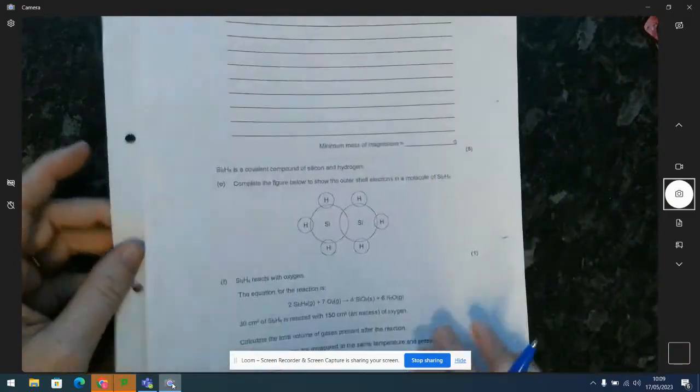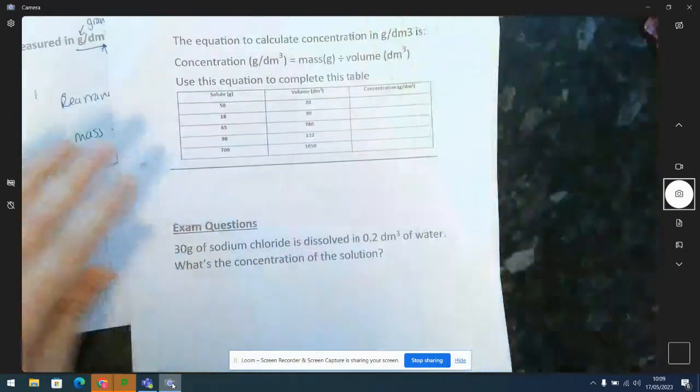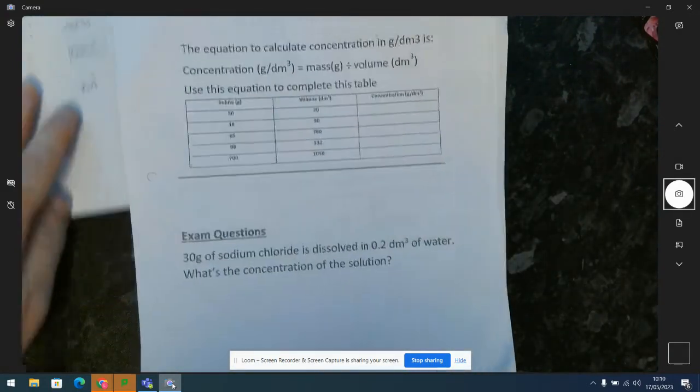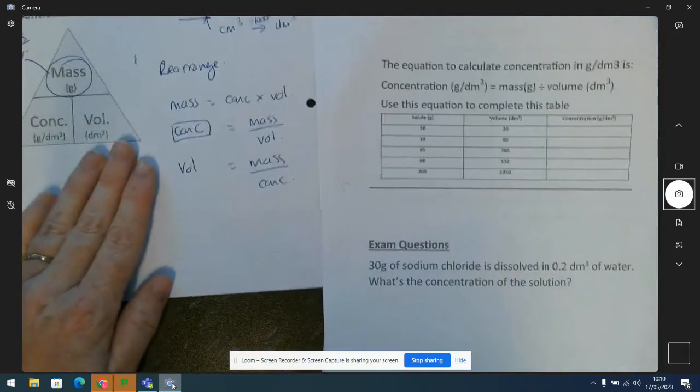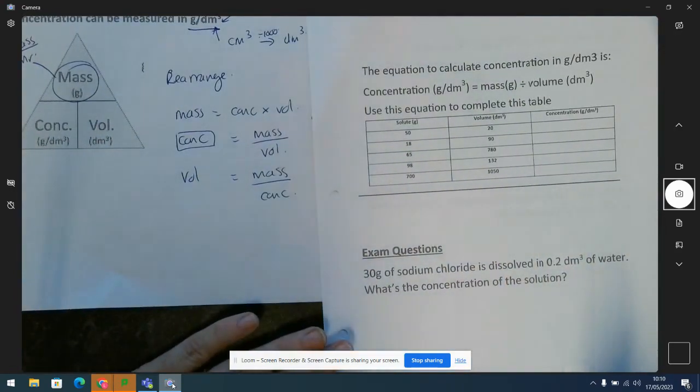Let's move on because I want to practice using this calculation. I'd suggest you stop the video here, pause it, and give the calculations a go. I've given you some exam questions as well. Then we will go through it, again using this calculation to complete the activities. Always check your units.